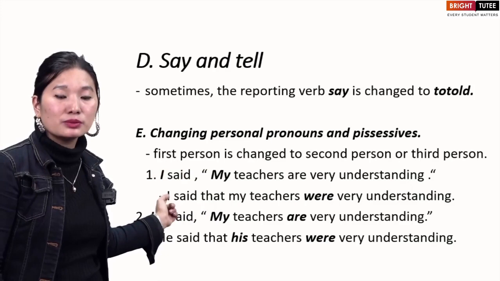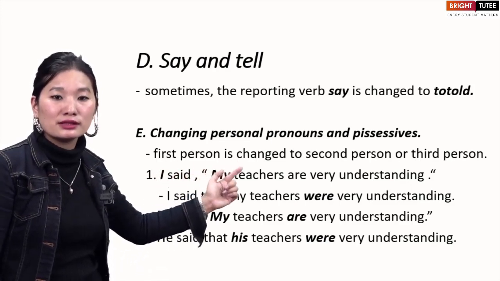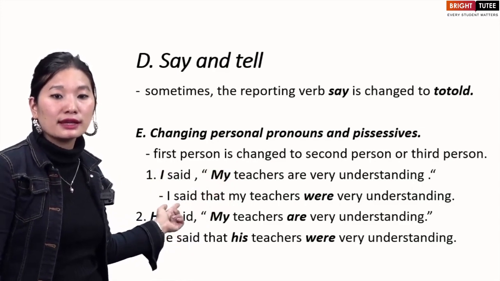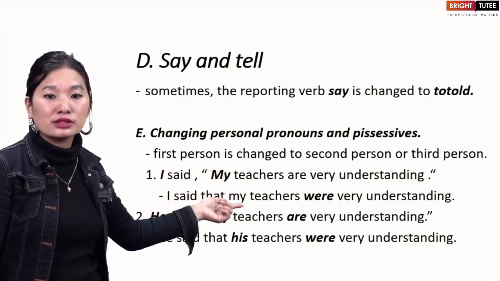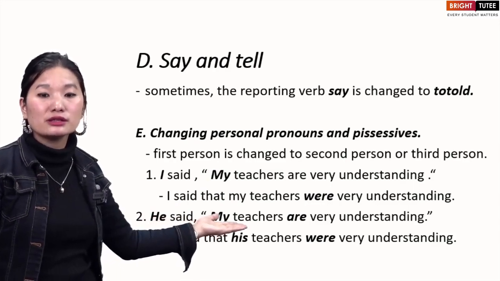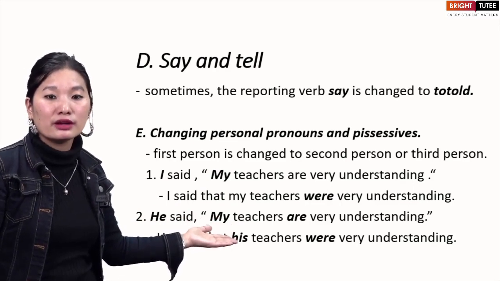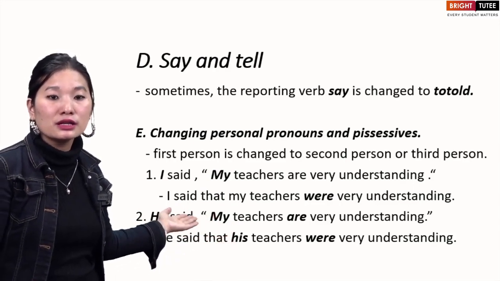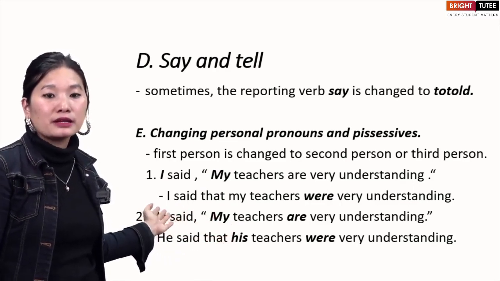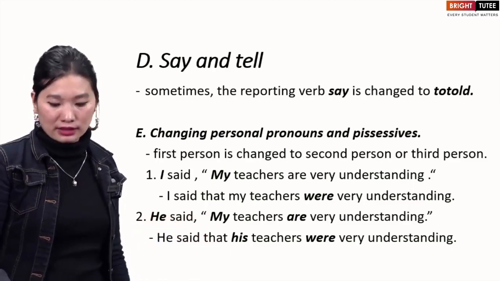If the person speaking is he said my teachers are very understanding, we have to change it like he said that his teachers were. I've just given one more example here. He said my teachers are very understanding. He said that his teachers were very understanding. So you see the two difference. If the speaker is a third person, you can change it to the third person again in the indirect speech.